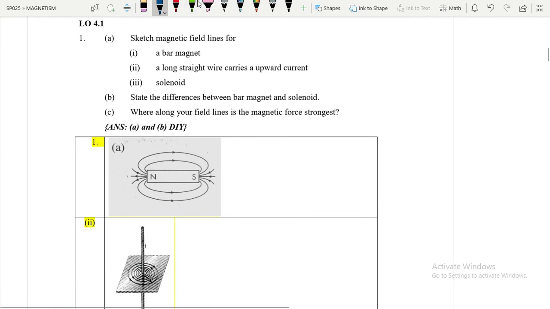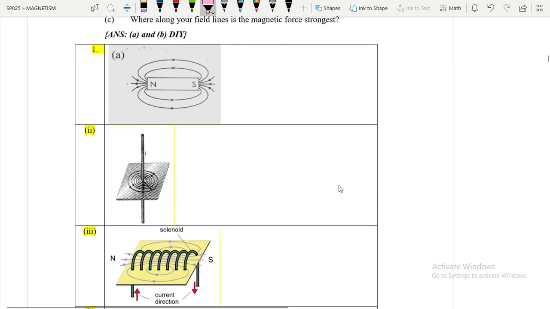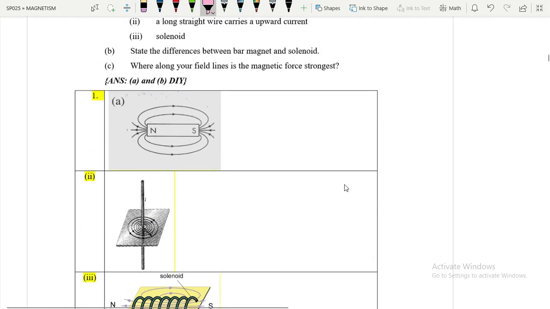So the question says to sketch the magnetic field for a bar magnet, like the one shown in the picture. The magnetic field lines move from north to south, represented by a line with an arrow. When you draw this, the lines must be balanced.